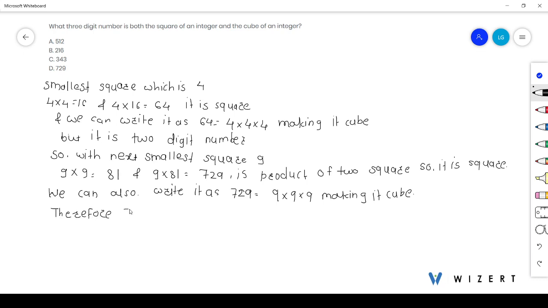Therefore 729 is a three-digit number which is both square and cube of an integer.